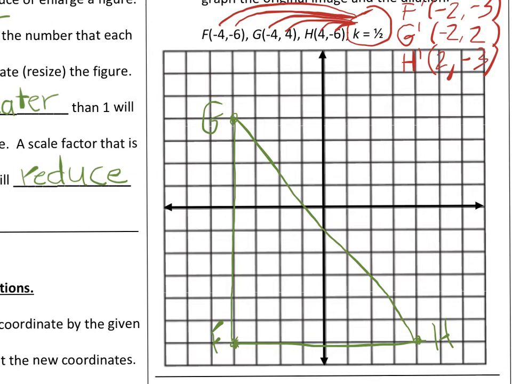That's left 2, down 3. So that's F prime. G prime, left 2, up 2. So that's G prime. And then H prime is right 2, down 3. So there's H prime.